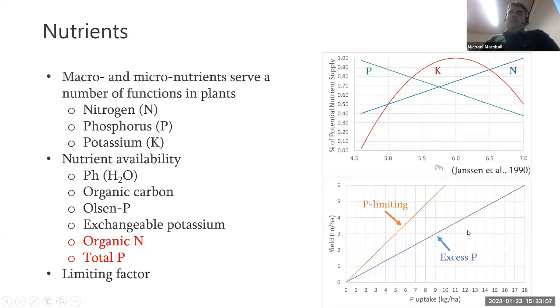Whereas if there's a lot of P, you can see the response between P uptake and yield is quite shallow. The slope is lower, because it doesn't need so much phosphorus. So combining this information on phosphorus, potassium, or nitrogen limitation and the relationships with soil properties gets at the nutrient availability and then ultimately the constraint on yield.